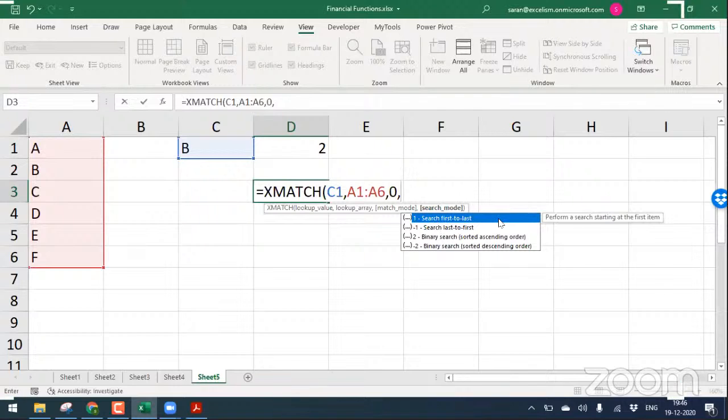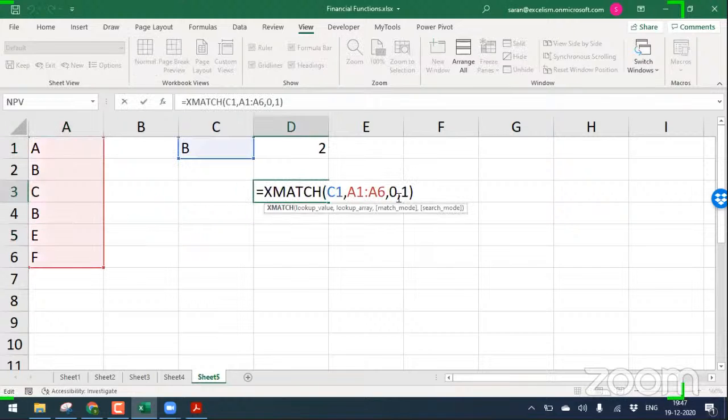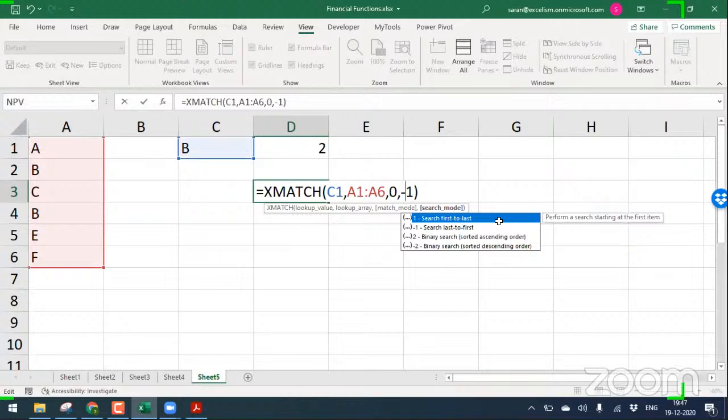So for example, if I take top to bottom, let's take 1, it's 2. Now let's say B is here, let's say B is also here. Still my answer is 2. But when I use -1, last to first, it starts from the downside towards the upside. 1, 2, 3.